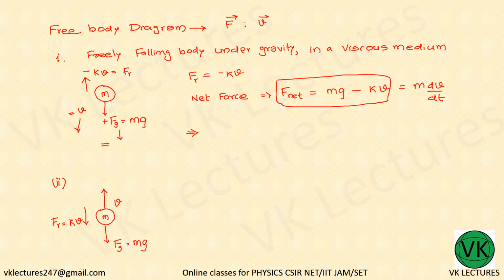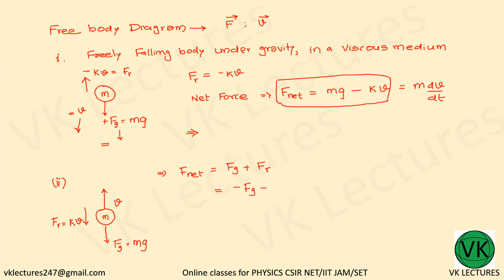So now let us write down the net force. F net is equal to Fg, the gravitational force, plus Fr, the resistive force. Now, whether Fg is positive or negative: velocity is in the upward direction and Fg is in the downward direction, which means Fg is negative.